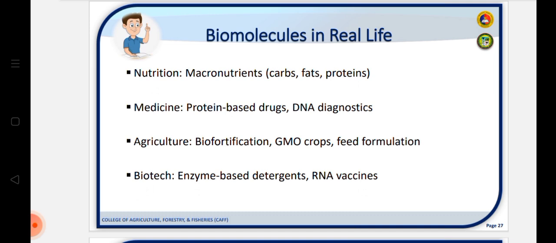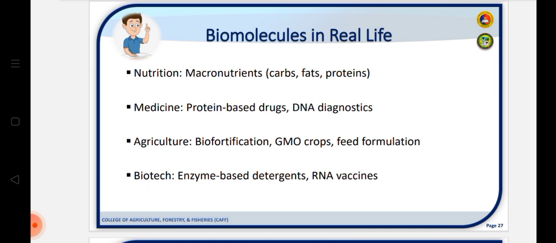For example, we have biofortification, which enhances the nutritional value of crops. Then we have GMOs, or genetically modified organisms, which use DNA technology to improve yield, resistance, and shelf life. Then we also have feed formulation, which relies on protein and lipid profiles to optimize livestock performance.